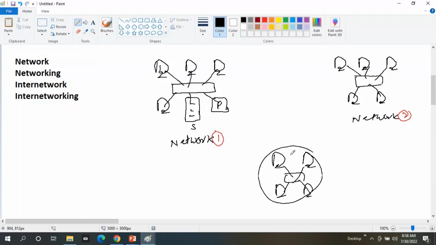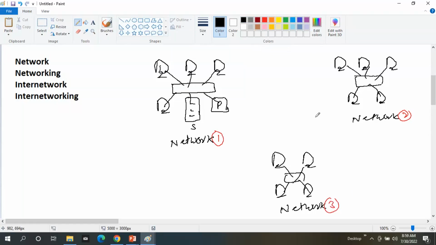We call this also a network, network 3. So in total, how many networks in this picture? Three networks.